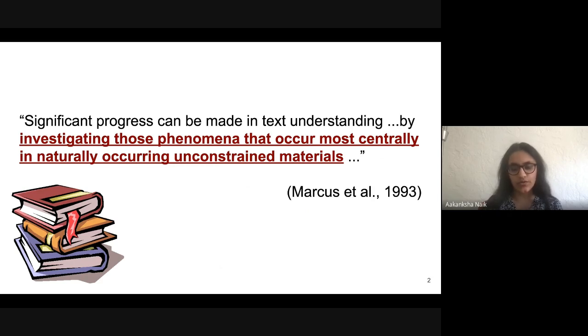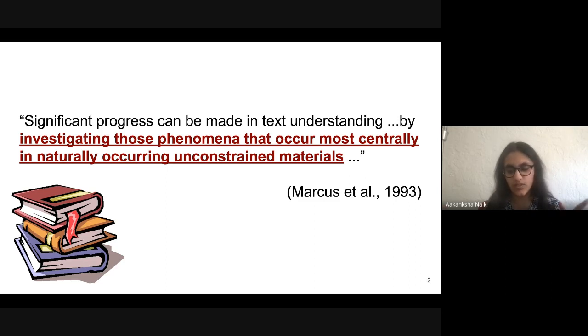So this is a quote from the Penn Treebank paper. A lot of you might have already seen this. The Penn Treebank paper was arguably one of the first works that pushed this paradigm of constructing benchmarks and using those as ways to evaluate and develop models in natural language processing. Their main principle was the thought that you can make significant progress in text understanding if you investigate phenomena that occur most frequently and most centrally in naturally occurring unconstrained free text corpora.